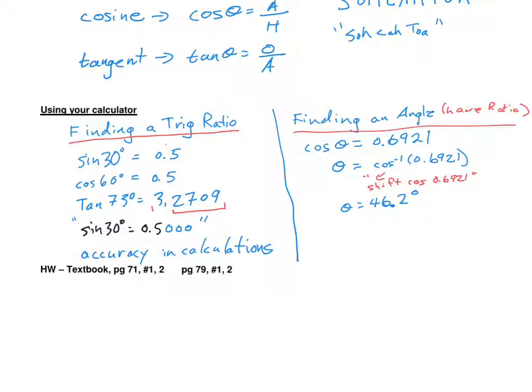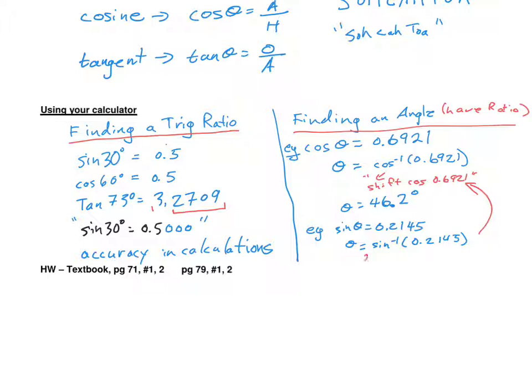And that's it. So this was example 1, here's example 2. If I had sine of theta is equal to 0.2145, we write on our sheet sine inverse of 0.2145, and we do exactly what we did here on our calculator, except this time we do second function, or shift, sine.